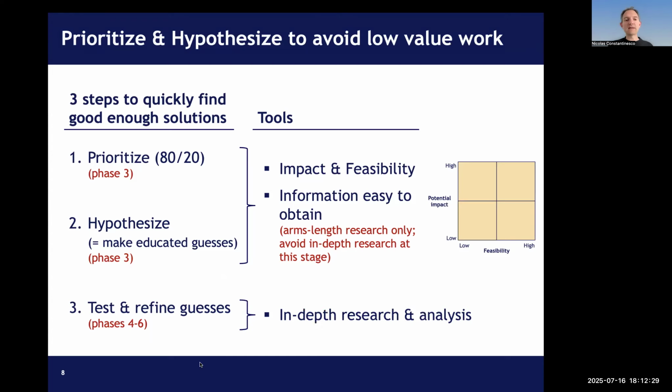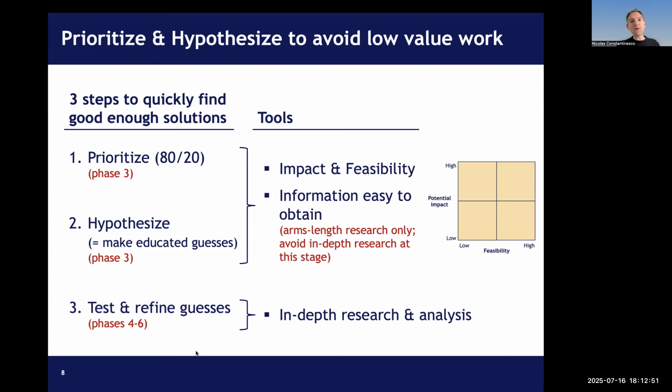And so once again, leave the in-depth research and analysis to the future phases, because otherwise it would be counterproductive to spend a lot of time now in order to save a lot of time down the road. That just doesn't make a lot of sense. Okay.